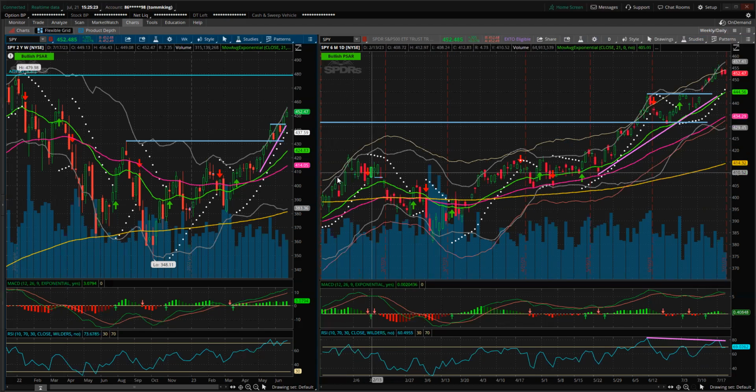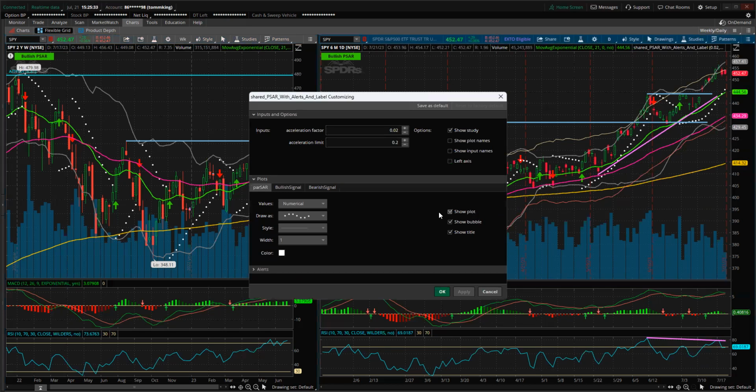All right, so there's my moving averages. Next thing I want to touch base with that's on here is going to be these white dots. What the white dots are that you see here is a technical indicator called the PSAR. What the PSAR does, it gives you an idea of whether things are moving in a bearish or a bullish trend, and where that trend can change.